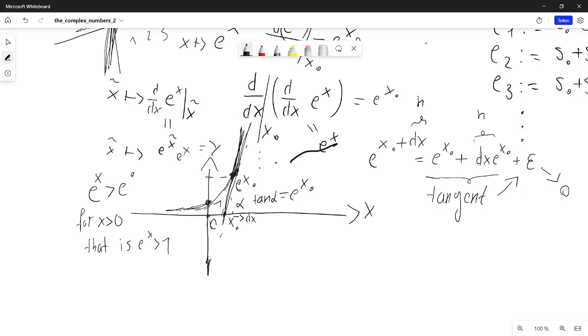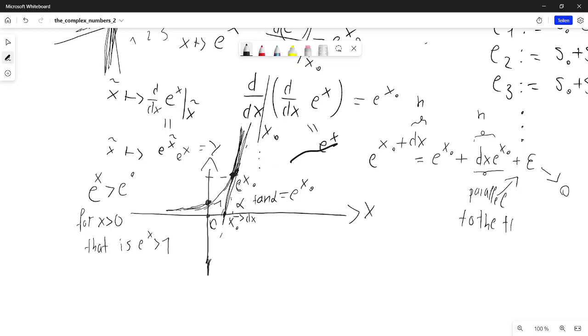Right. So this is actually not the value of a tangent. That is wrong. But that is parallel to the tangent, right?